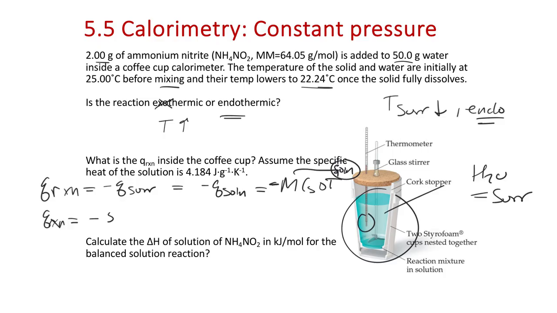The mass of my solution would be 52.0 grams, and then times the specific heat of 4.184 joules per gram Kelvin, and then times my final temperature minus my initial temperature.